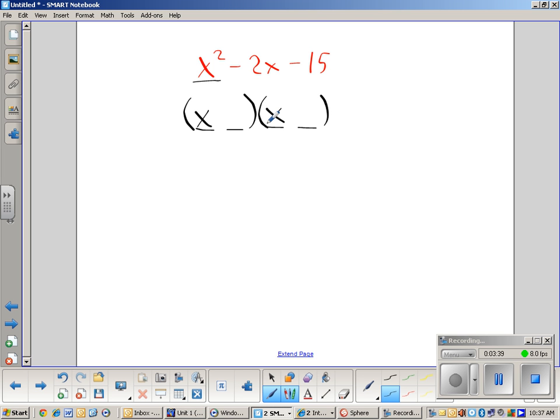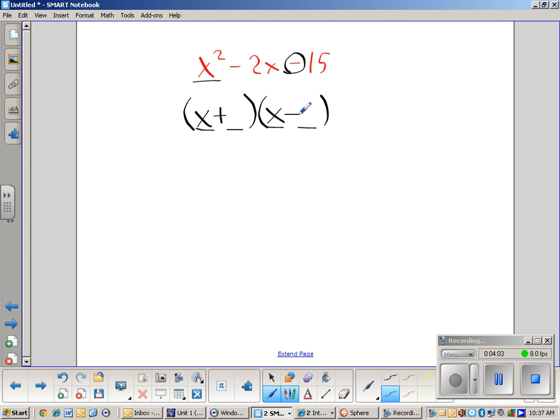Okay? The only way that sign could be negative is if these two signs are opposite. The only way I can get a negative is if I multiply a negative and a positive. Right? What's negative 2 times negative 2? Positive 4. What's 3 times 4?